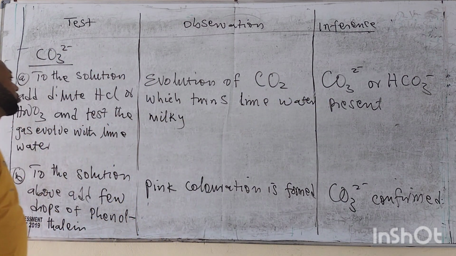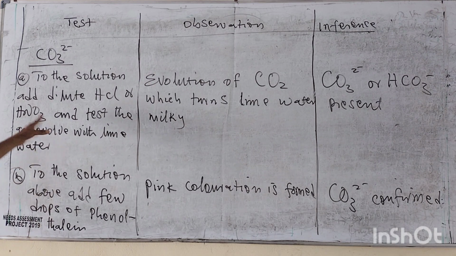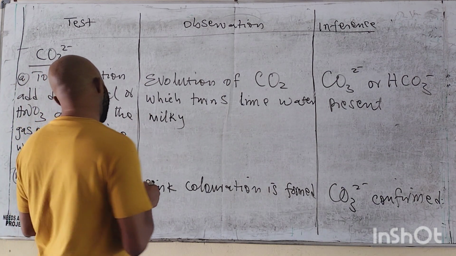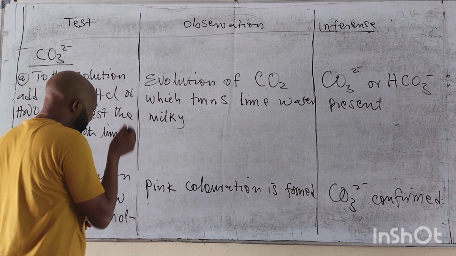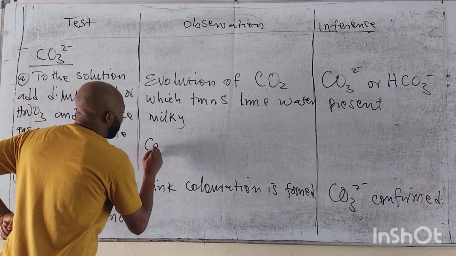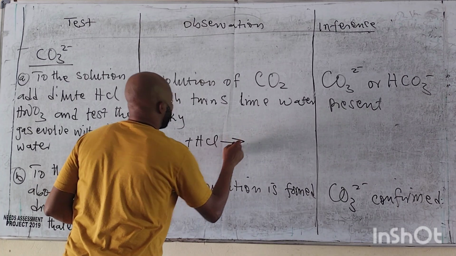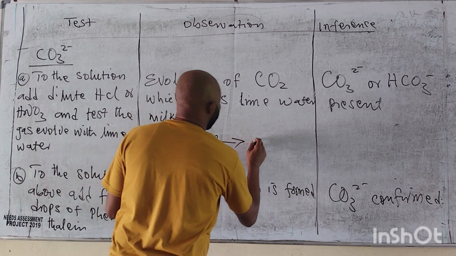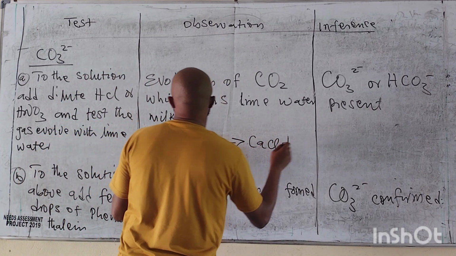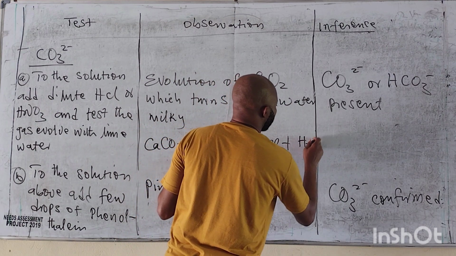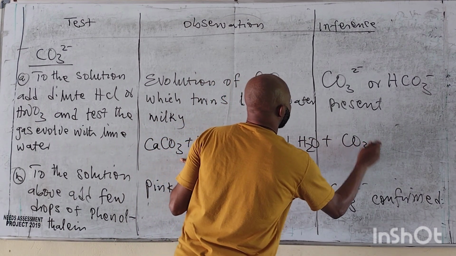This is common sense. We know that when we react HCl with a carbonate, you must get CO2. Let's take, for example, calcium carbonate plus HCl. This will give us calcium chloride plus water, H2O, plus CO2.